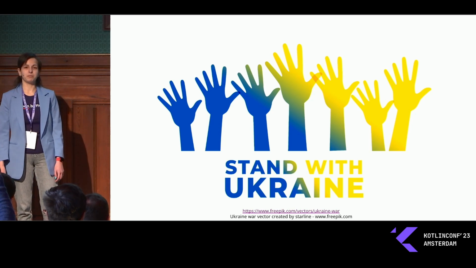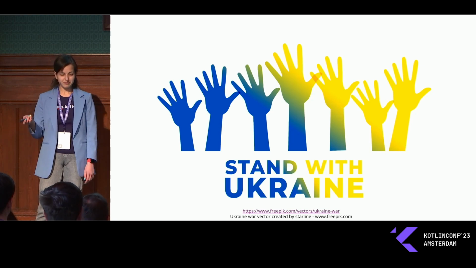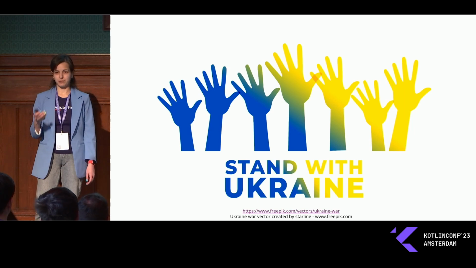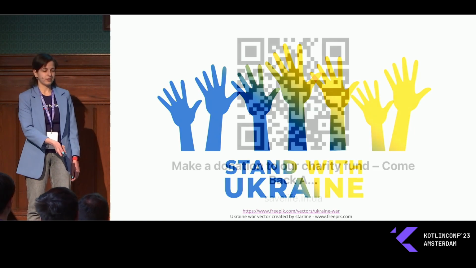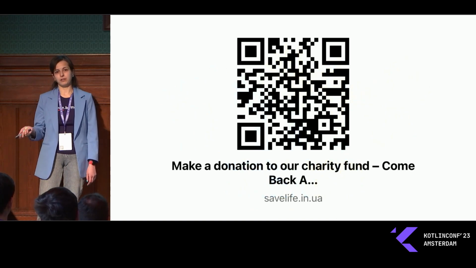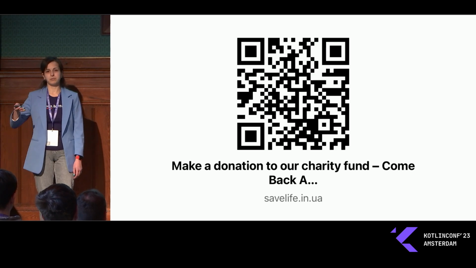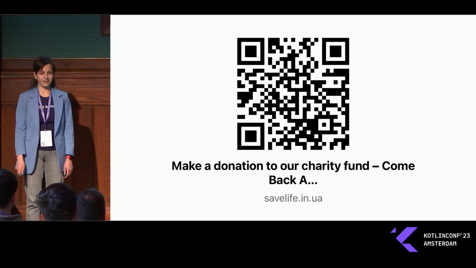We have a problem with our neighbors, and we have to fight for our freedom. Thanks a lot to all of you who support Ukraine, who stand with Ukraine. If you want to support, there is a QR code leading to a charity foundation that helps Ukrainians to survive under attacks. So thanks a lot.